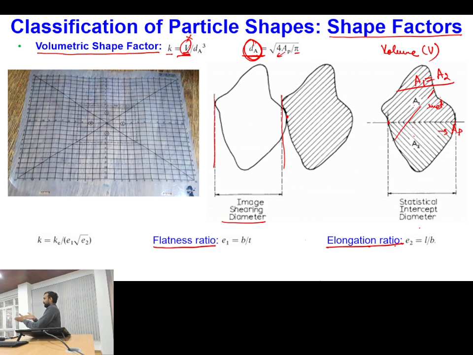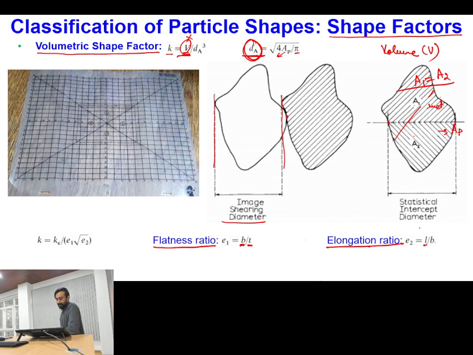Okay, and whatever the plane which is contacting with the smallest thickness portion of the particle, that will be my thickness plane, T. Normal to that thickness plane, whatever the other plane I am getting, that will be my B plane, and a plane which is normal to both of the earlier planes, that will be my L.